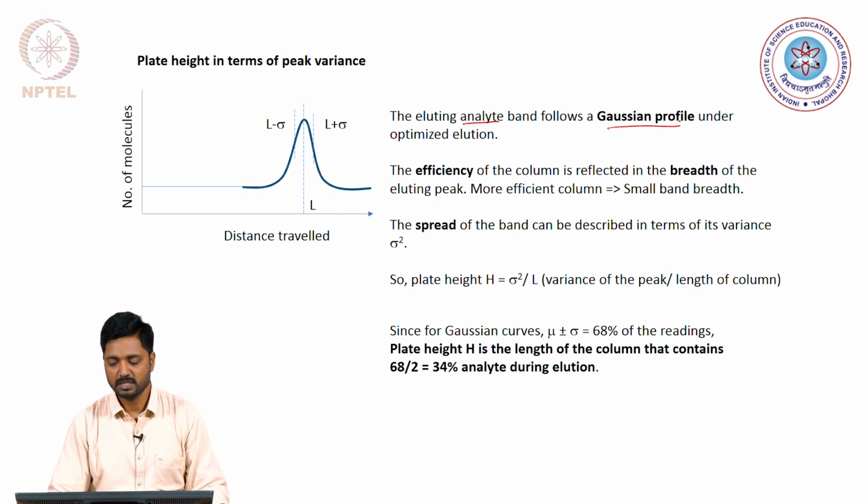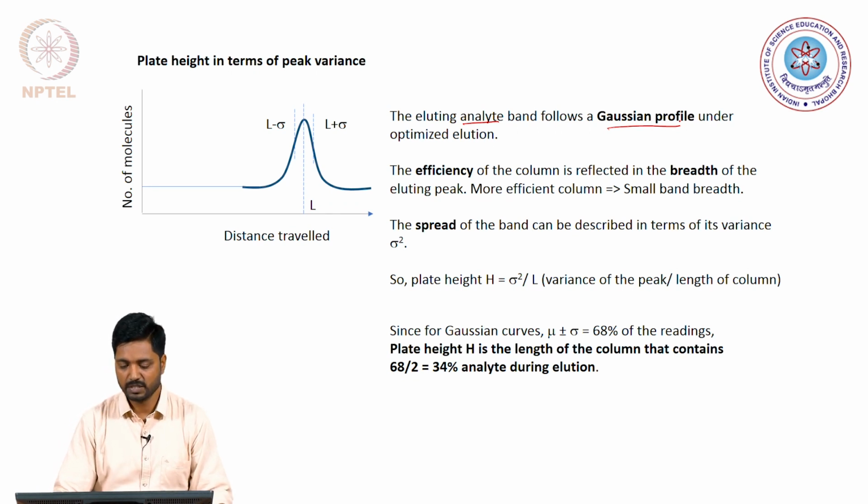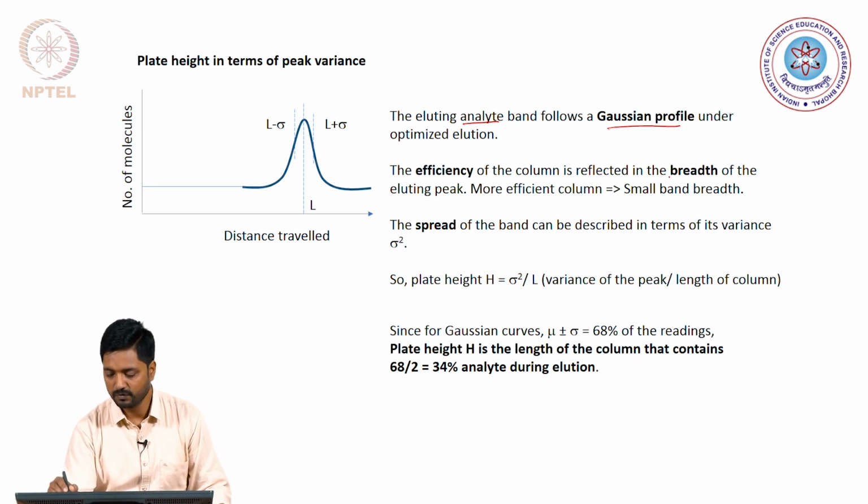This Gaussian profile arises for various reasons, which will be discussed subsequently, but what is more important is that a more resolved or efficient separation would be one in which the breadth of the eluting peak is small.